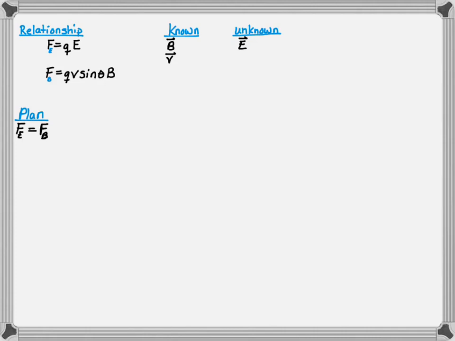If the magnetic field is too large, it will bend in one direction. If the electric field is too large, it bends in the opposite direction. So you want it to go straight, so the two forces must be equal. The electric force is Q times E. The magnetic force is QV sine theta B. So I can set these two equal to each other and solve for E.